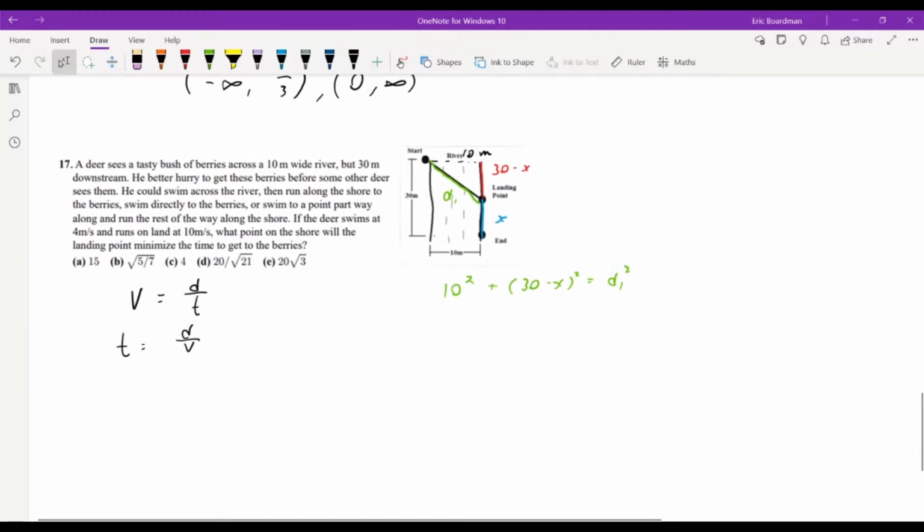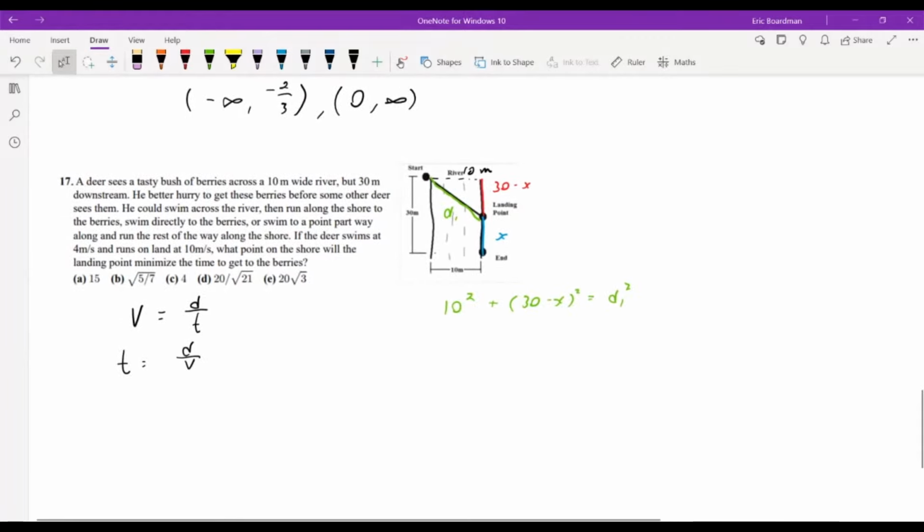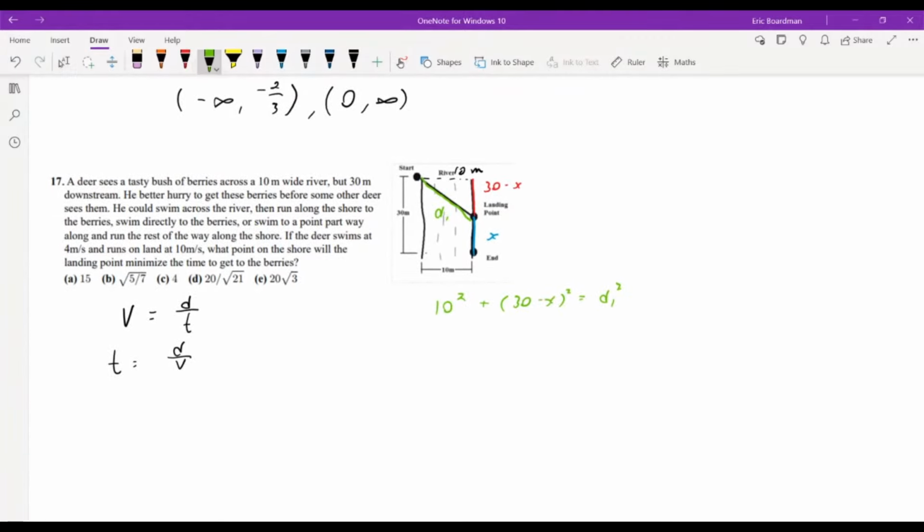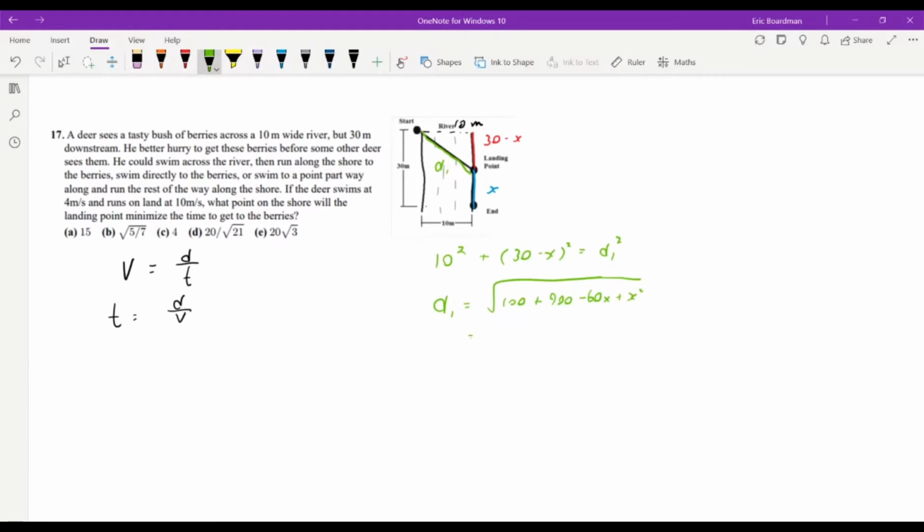We want to solve for d1 here, so that's just going to be the square root. So d1 equals the square root of 10 squared, which is 100, plus 30 minus x squared. So we can evaluate this. 30 squared is 900, and then this will be minus 60x plus x squared. And 100 plus 900 is 1,000, then minus 60x plus x squared.